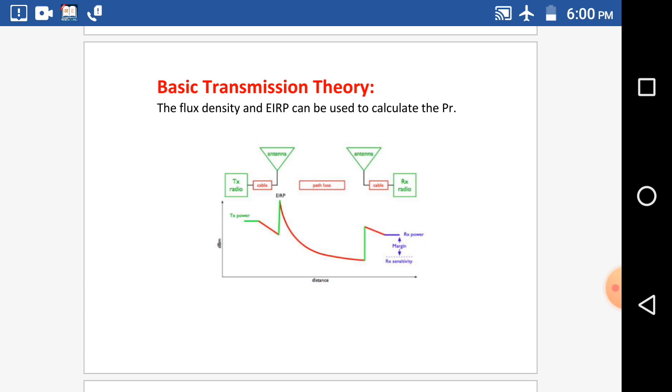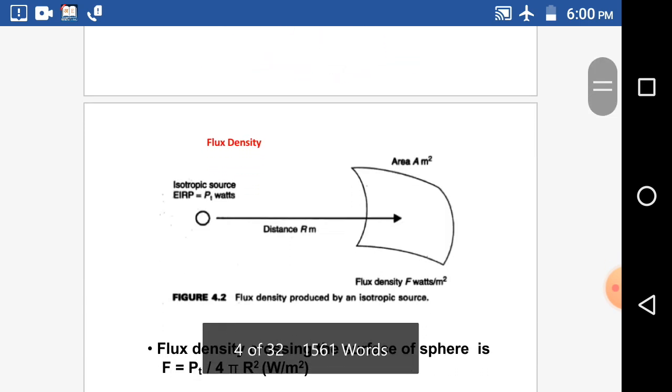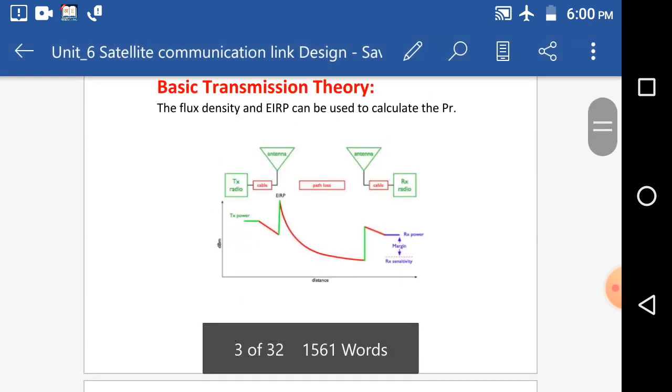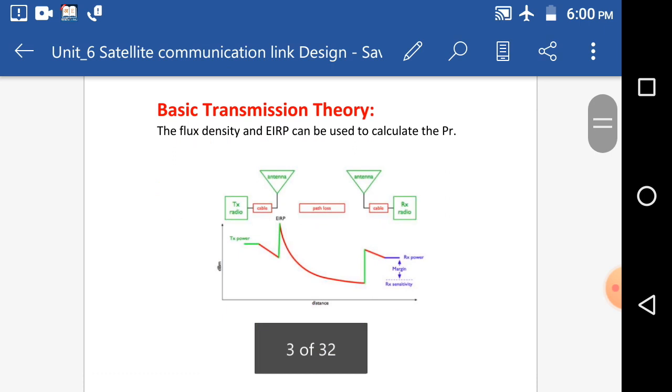Receiver side power is known as a received power, that is PR. But in a link equation, we need two more parameters. Those are nothing but a flux density, also known as a power density, and EIRP, that is effective isotropic radiated power.